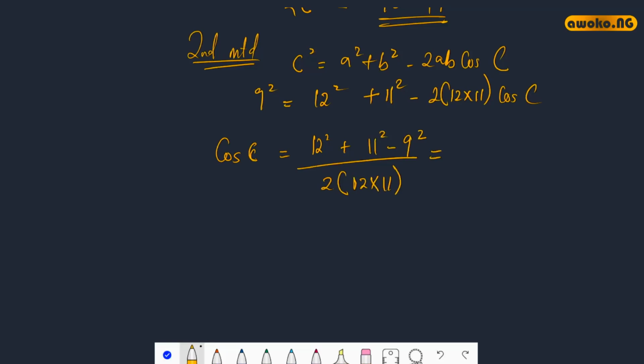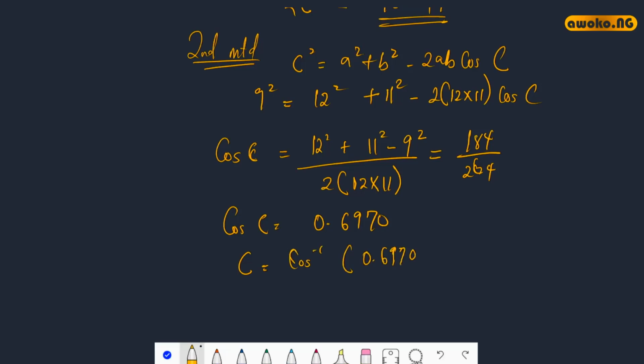This gives us 184 over 264. Therefore, cos C equals 0.6970. Now, to make C stand alone, this will be cos inverse of 0.6970. And finally, C will give us 45 degrees 49 minutes.